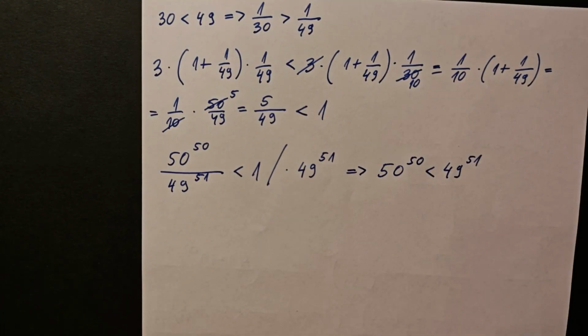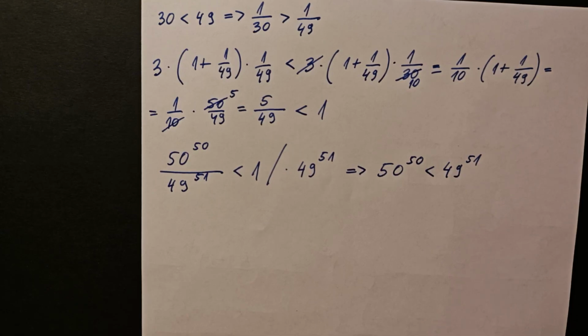As you can see, the initial idea for problems like this one is to make a term that is comparable to 1 in our case, or in some other cases to 0, and then see where that will lead you to.